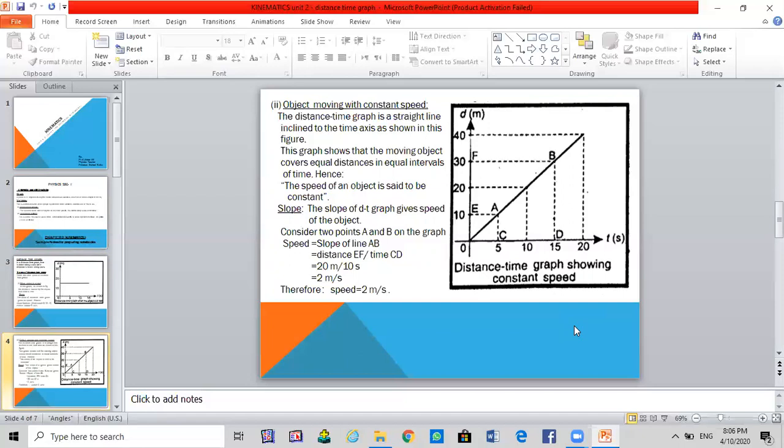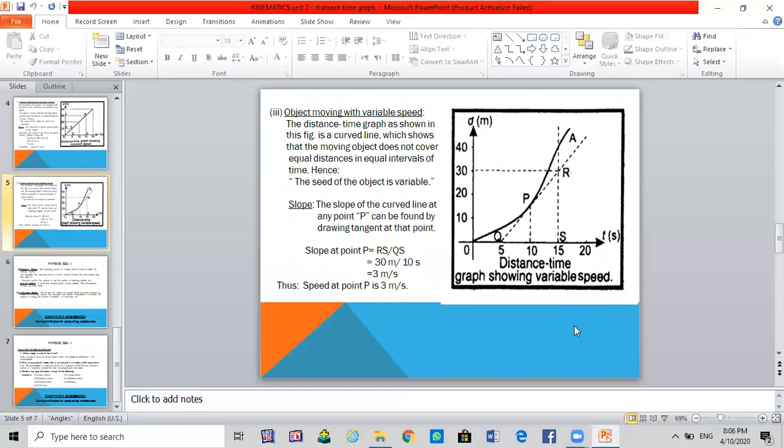The horizontal difference is 15 minus 5, which is equal to 10. So the speed is equal to 2 meter per second.